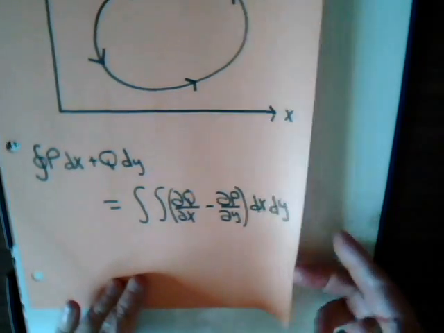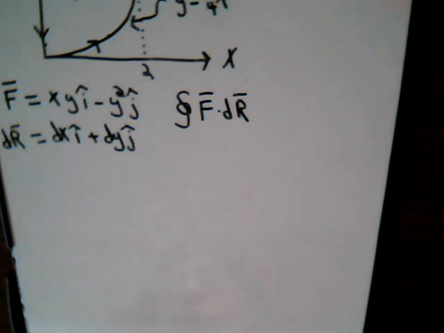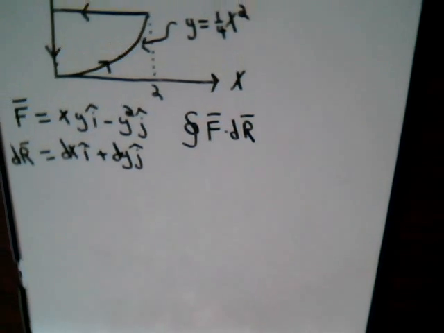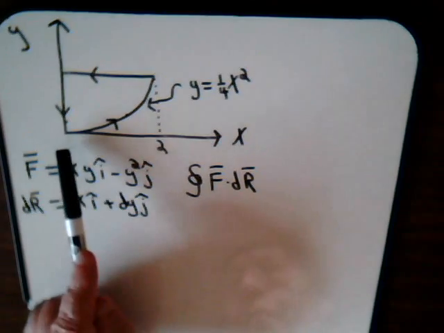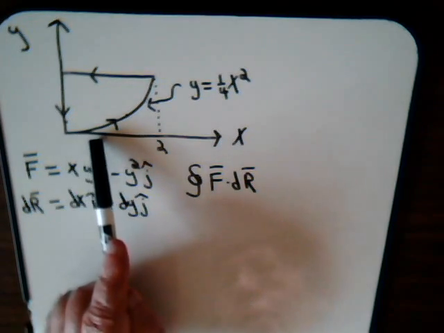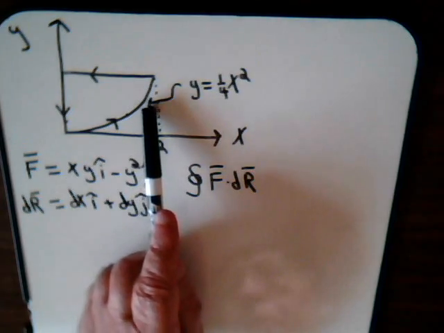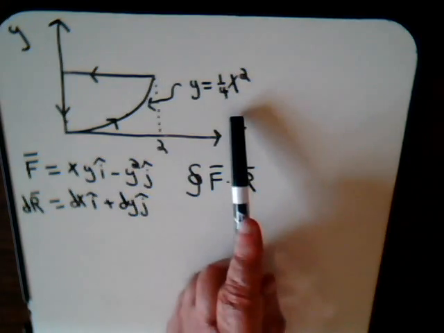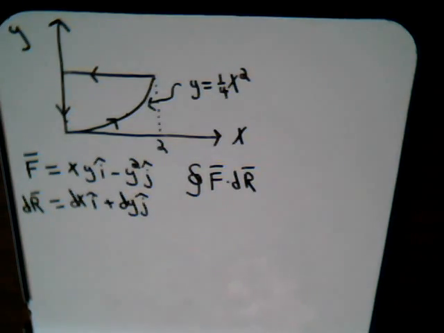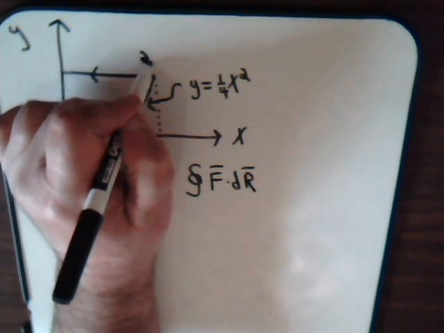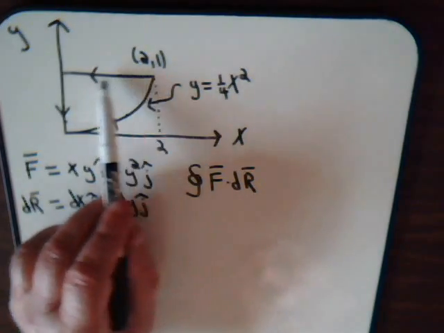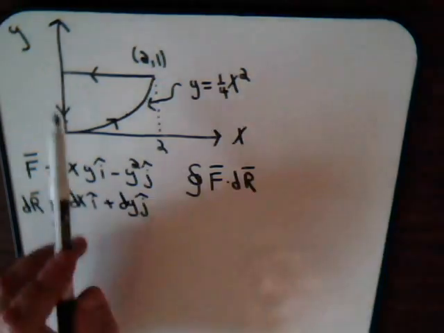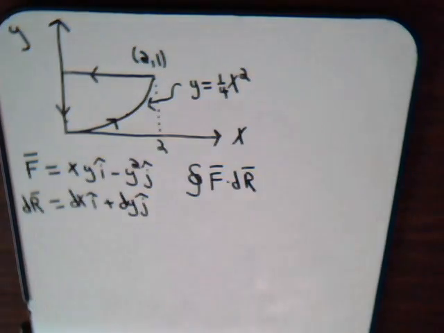So here's how it's set up. In fact, part of the problem we had worked before, where we have this type of closed curve. We go from here along this parabolic arch where y equals 1/4 x squared, and then we are up here at the point 2, 1, then go back to the y-axis, and then go straight down to the origin.